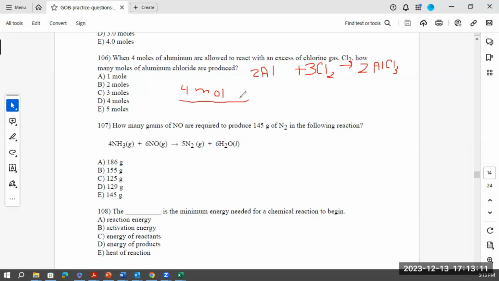So 4 moles of Al. For every 2 moles of Al, we get 2 moles of aluminum chloride.